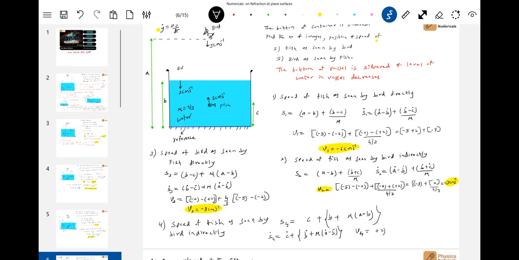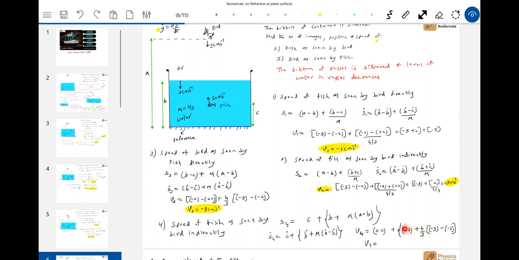C dot will be plus 2, B dot minus 2, minus 5. So V4 will be, we'll just do the calculation: minus 5 plus 2 will be minus 3, so minus 4, minus 4, minus 6 plus 2, minus 4.